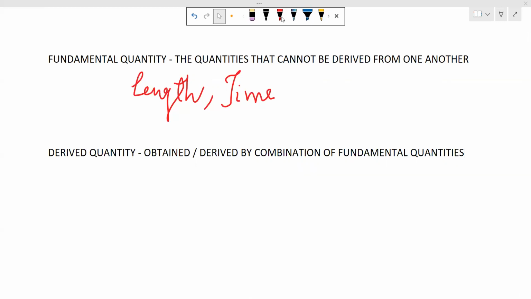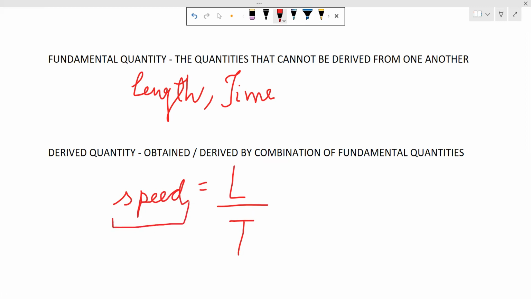For example, speed. Speed is a derived quantity. How? Length को हम लोग टाइम से अगर डिवाइड करेंगे तो हमें स्पीड मिलेगा. तो ये क्या हो गया? स्पीड कौन सा क्वांटिटी हो गया?